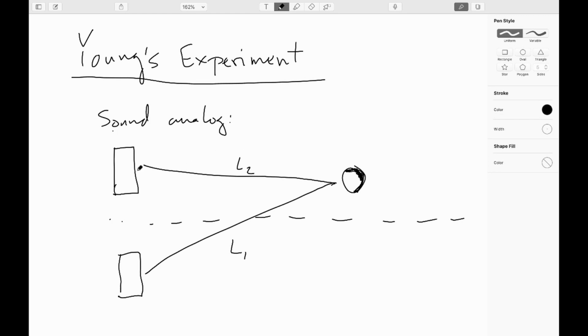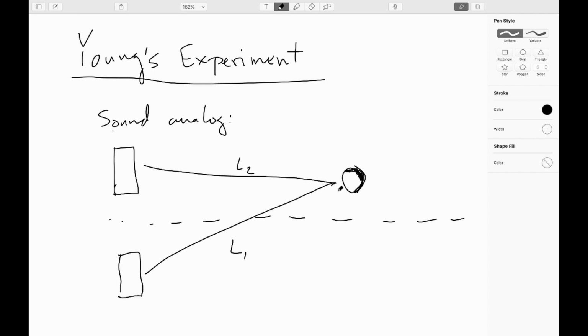If the waves are coming out in sync, if the extra distance that L1 has to travel is, say, an extra half of wavelength, then you'll have a crest coming in from L1 meeting up with a trough from L2 or vice versa.